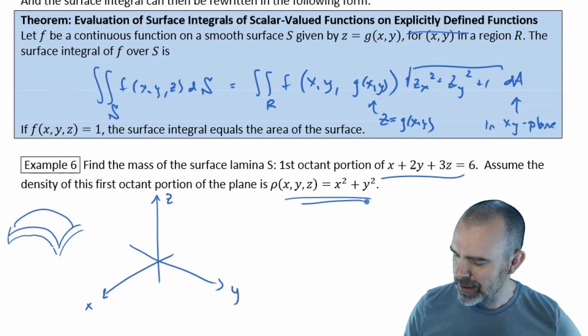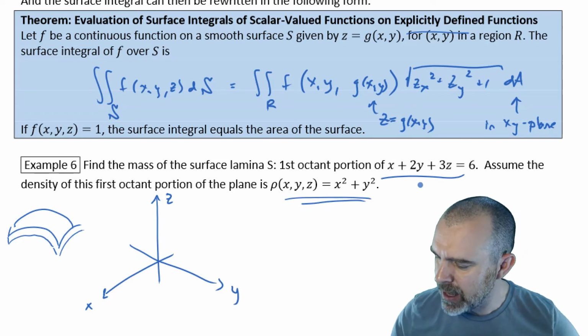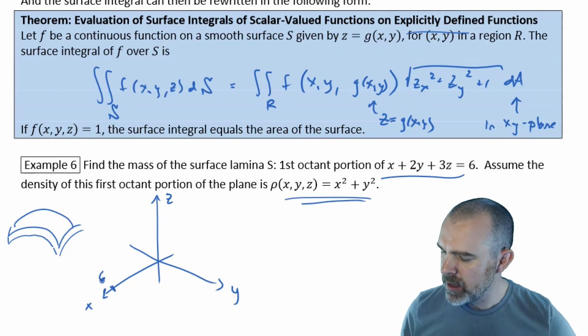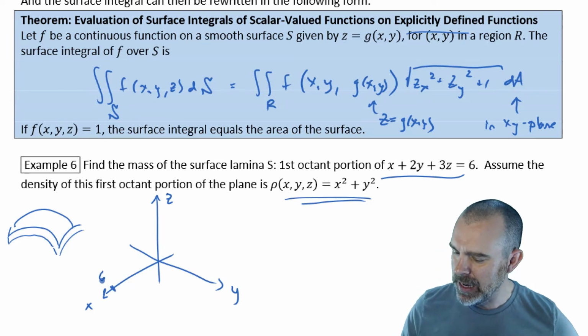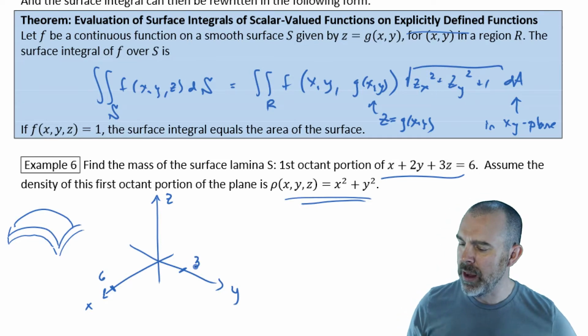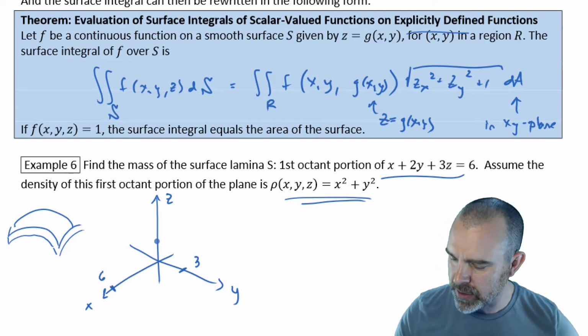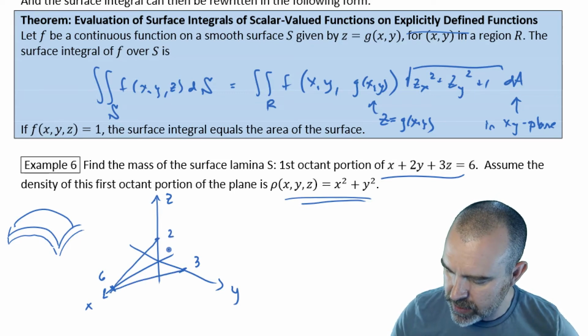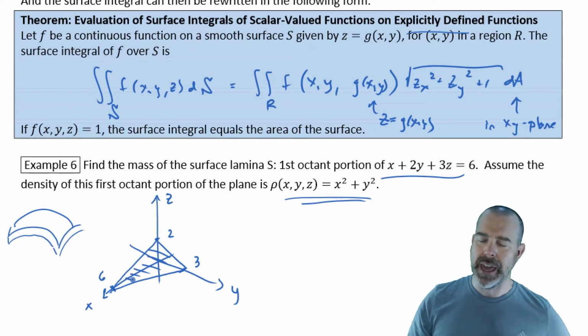Okay, so let's graph that. When y and z are 0, x is 6. When x and z are 0, y is 3. And then when x and y are 0, z is 2. So we have this little portion of the plane that we're looking at.